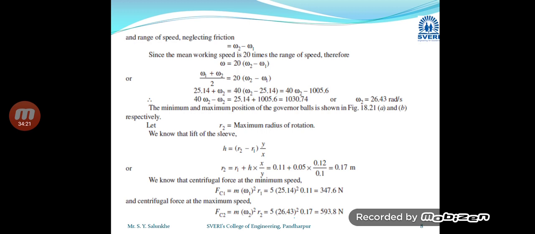So when we rewrite this equation, it will be 25.14, that is the value of omega 1 which we have already calculated.